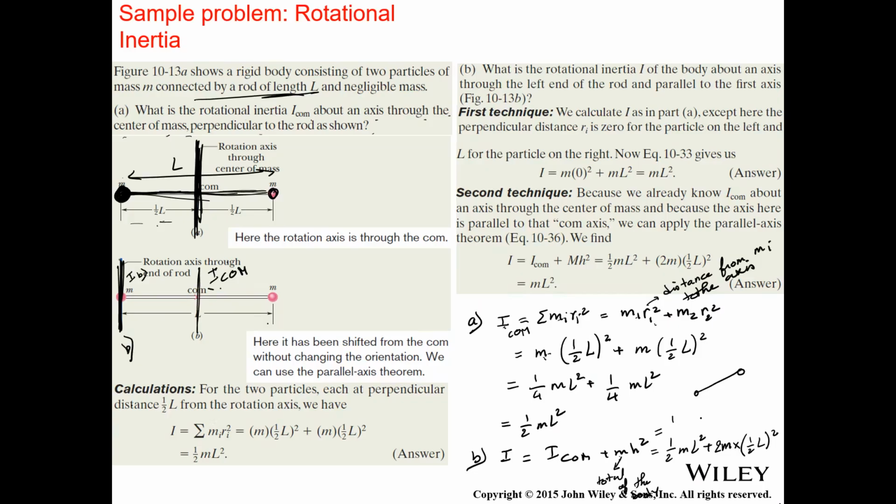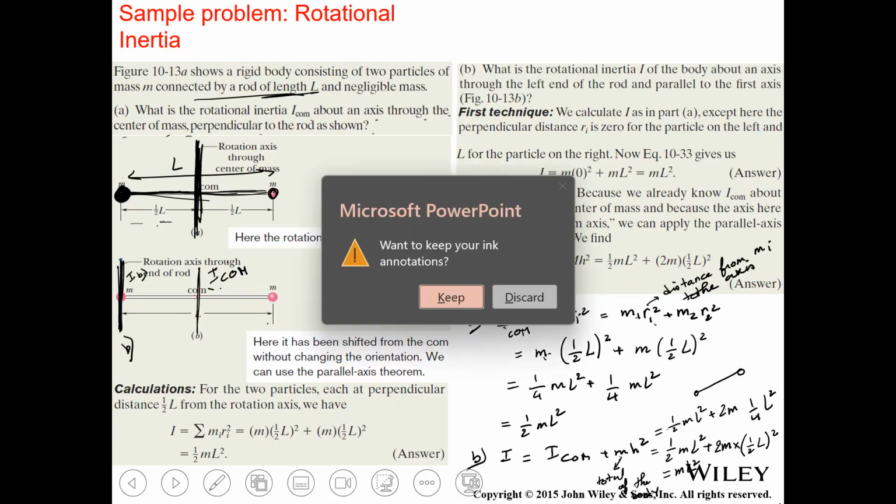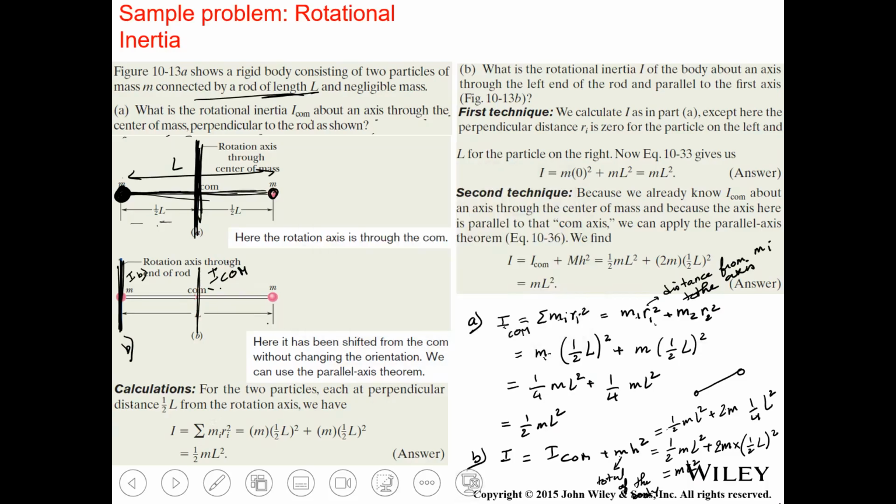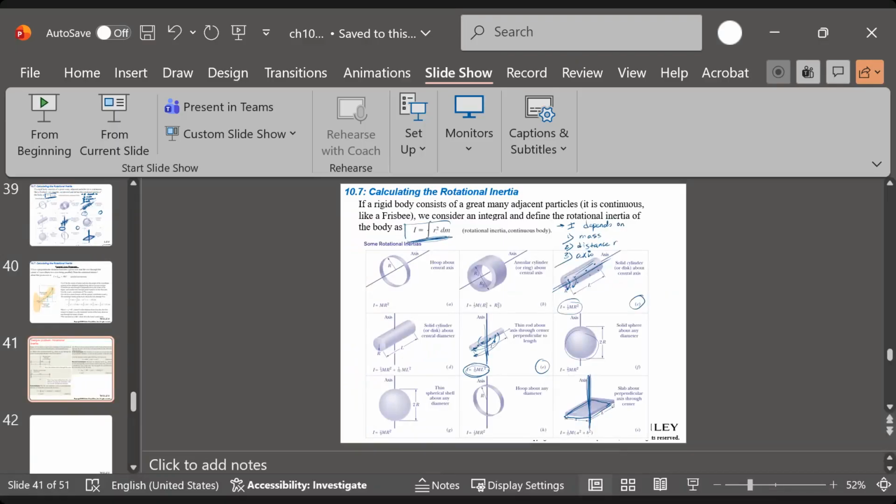Half ml squared plus 2m times 1 over 4 L squared, right? 1 over 4 and 2, this is half. I got half ml squared plus half ml squared, which is ml squared. Makes sense? Okay. I'll open another slide because I want to show you another method to solve this without the parallel axis theorem.